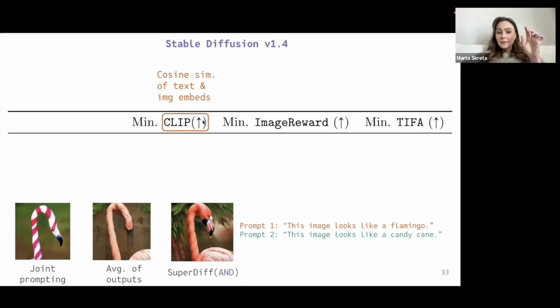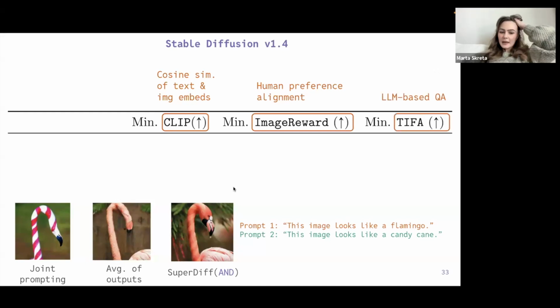The first is CLIP, which measures the cosine similarity of the embedding of a text prompt with the embedding of an image. We also used ImageReward, which is a model that is trained to align with human preferences. And finally, we use TIFA, which is an LLM-based image question answering model.